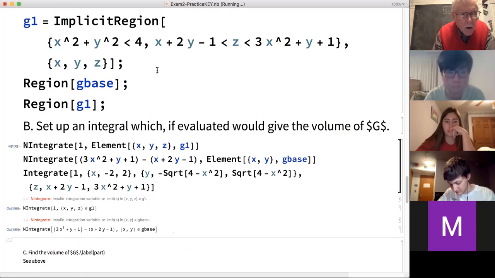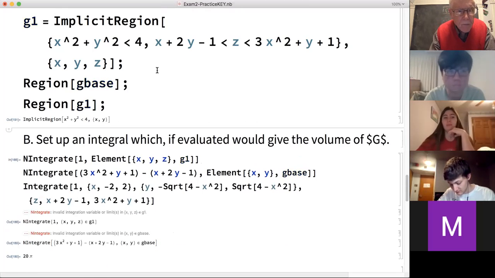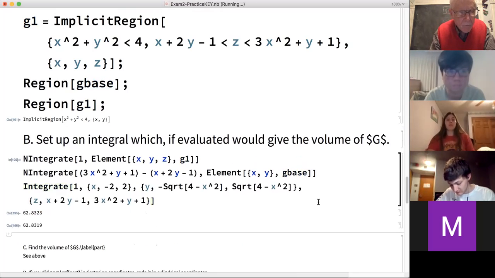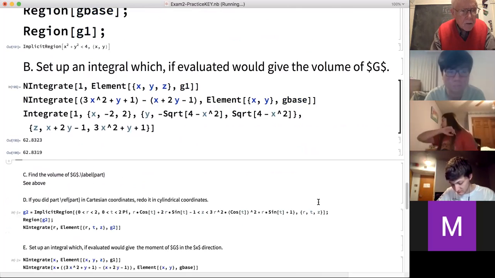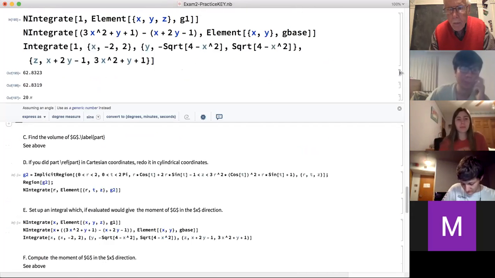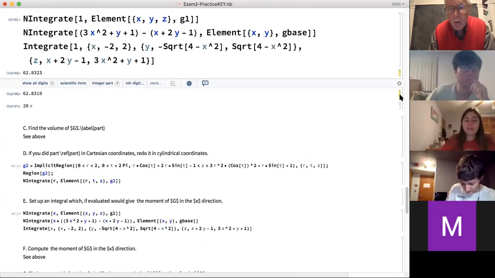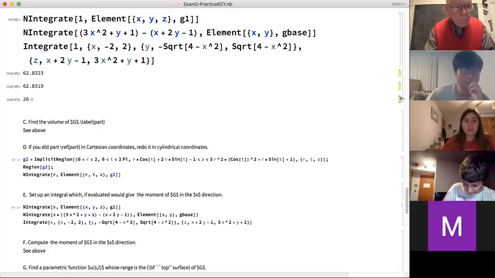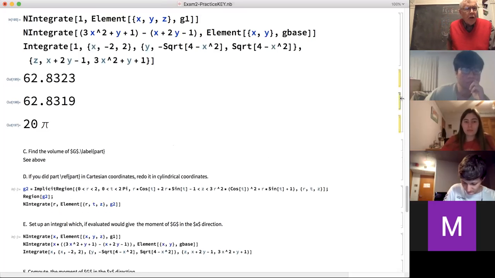Oh, come on. Oh, I bet I didn't enter these. So it's working hard on integrating. There we go. So they all worked. 62.8319, and 20 pi.